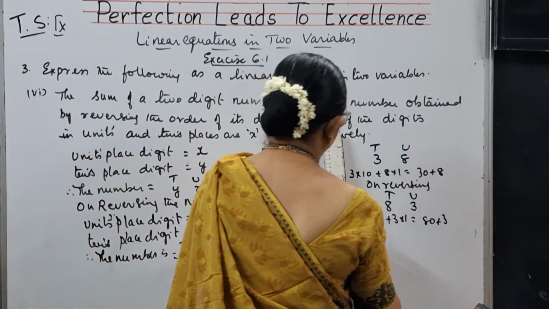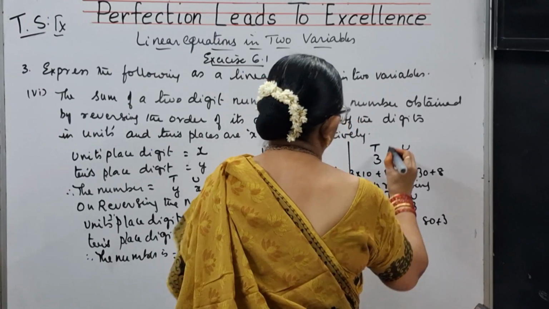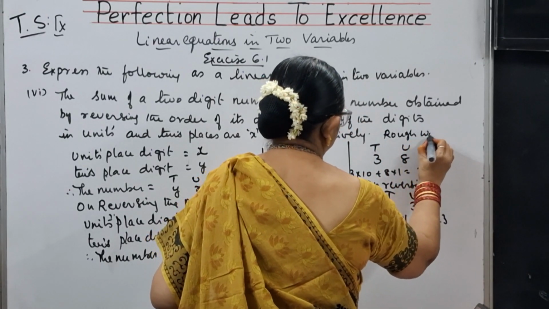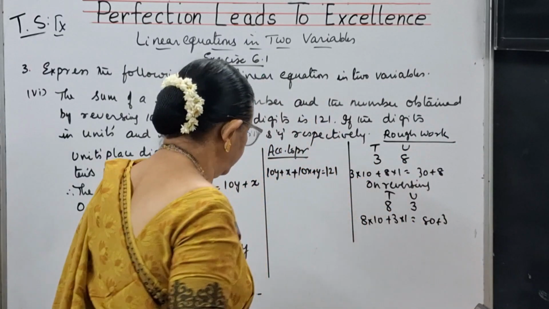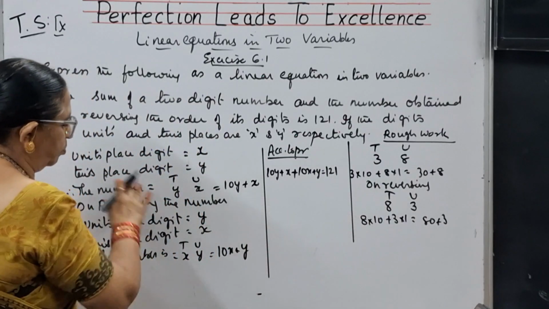This is the rough work that I have taught, children. It is rough work, so don't consider it as the main thing. I have given it just for the explanation of this part.